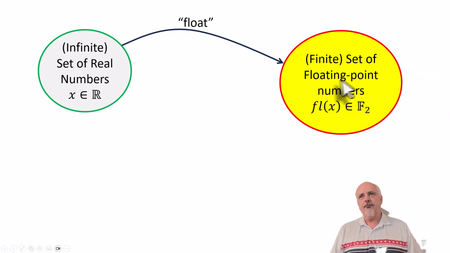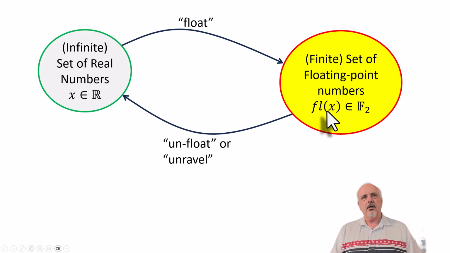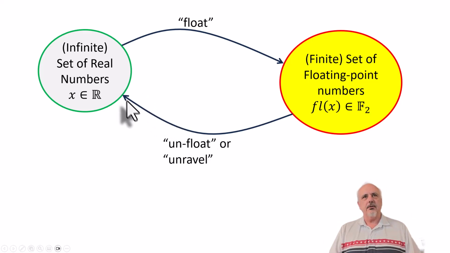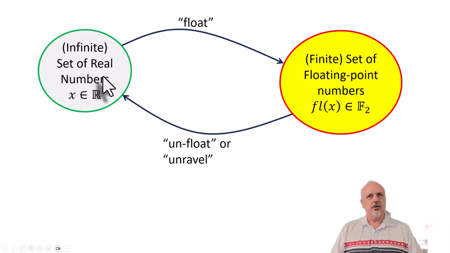And if you have a particular float number and you want to unfloat it, I sometimes call it unravel it, you get back to having a real number that's representing the floated value. So if you start with an x and you float it and then you unravel it, you won't get the original x that you started with.